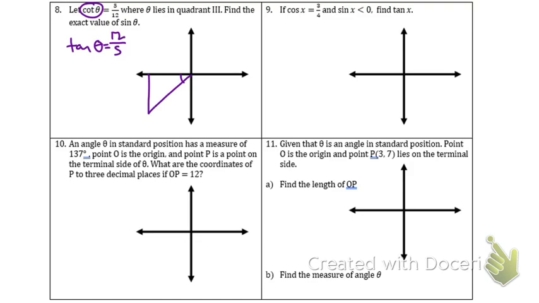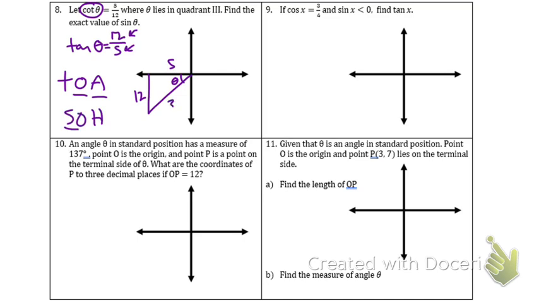And then thinking about tangent, what does tangent mean? Tangent is opposite over adjacent. That's the SOHCAHTOA. That's the TOA part, opposite over adjacent. So this is opposite, this is the adjacent side. So opposite of the angle theta, which I'll label right here, we're going to say that's 12, the adjacent side is 5. So to find the sine, sine is opposite over hypotenuse.